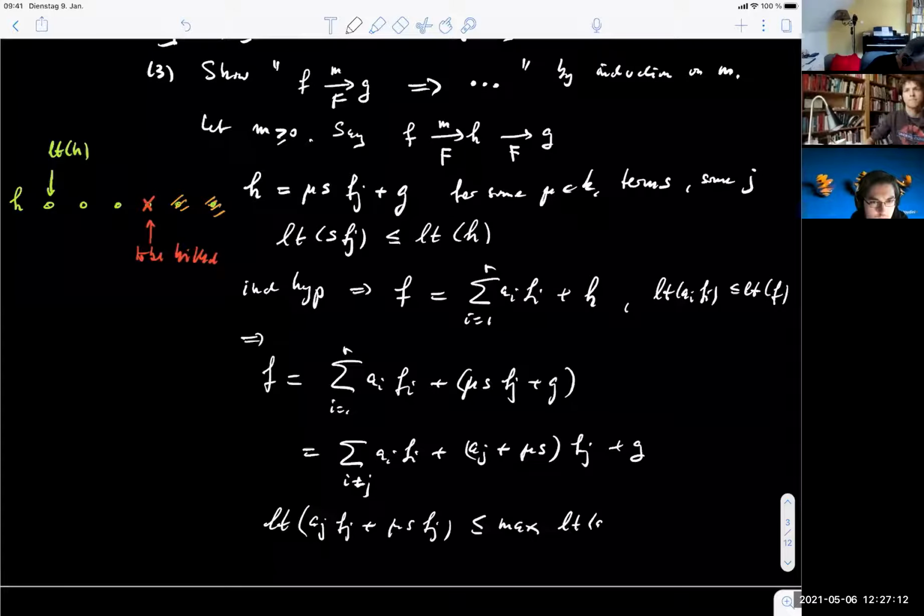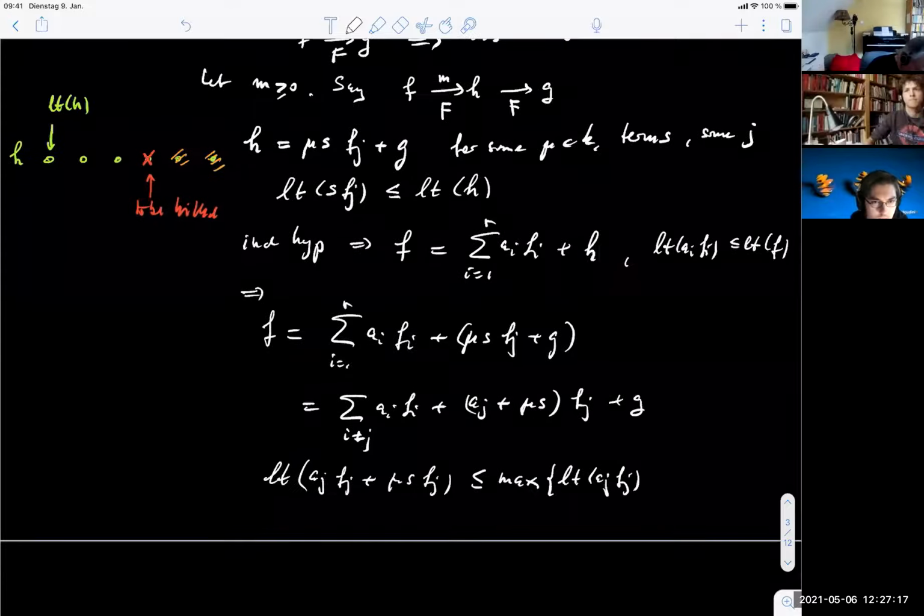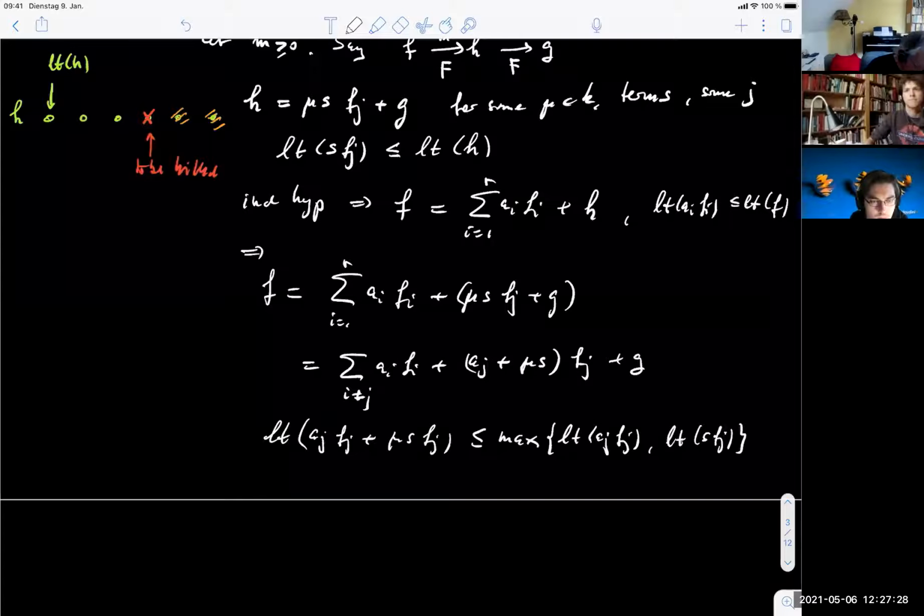That's always the case. In a way, this is like working with the ultrametric, if you have ever encountered this notion. And this is, I claim, less than or equal. So what do we know?